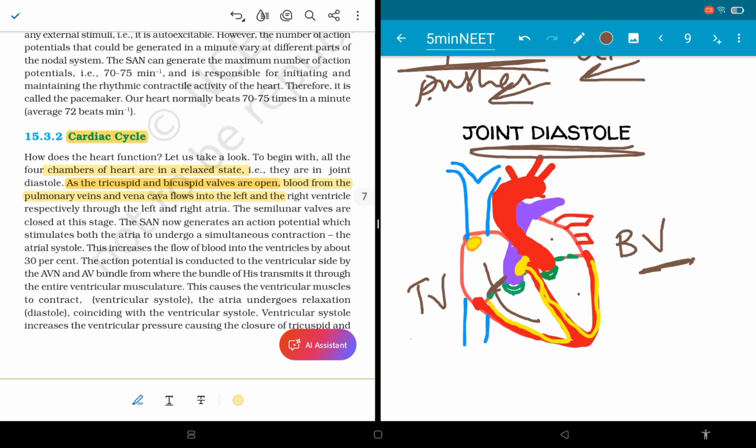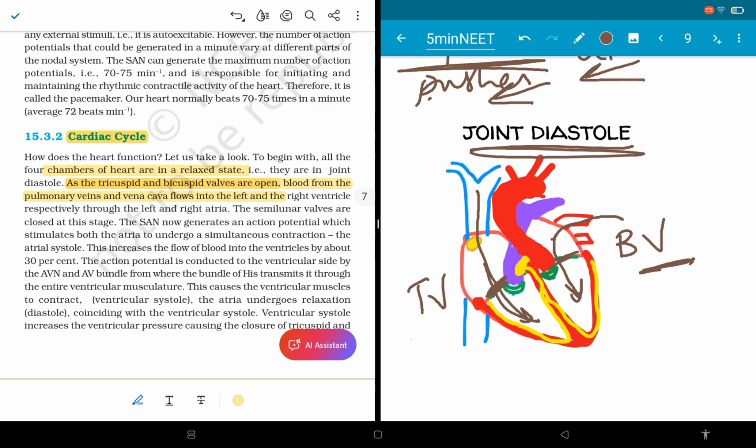In systole, the contracted state, it pushes out blood. In diastole, it receives blood. So in diastole, when the valves are open, blood from the vena cava enters the ventricle through the atrium, and blood from the pulmonary veins also enters the ventricle through the atrium, since the valves are open.